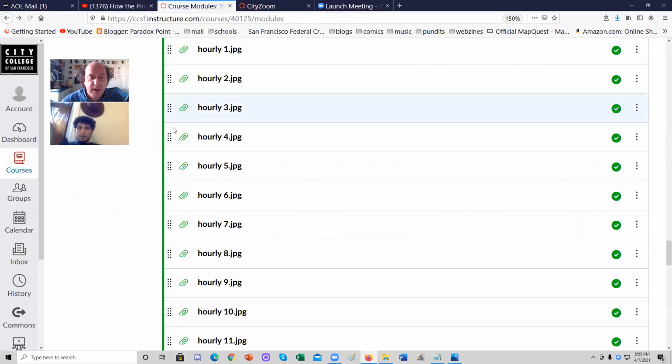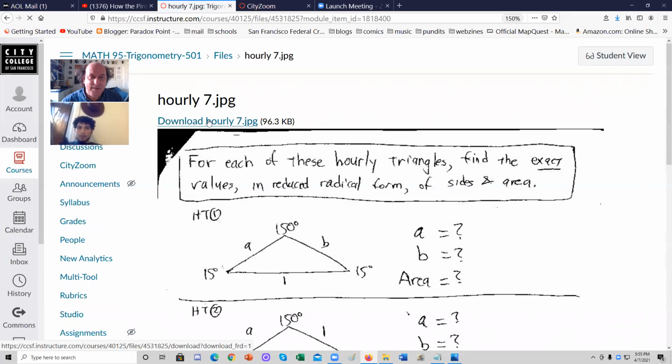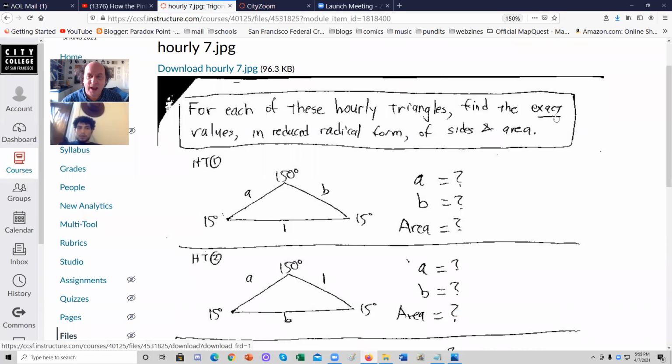All right. From that, on pages 7, 8, 9, 10, 11, and 12, I ask you to solve basically all of the Hourly triangles: the exact values of A and B and the area, in reduced radical form, with no square roots in the denominator.